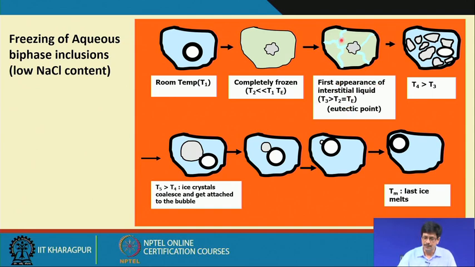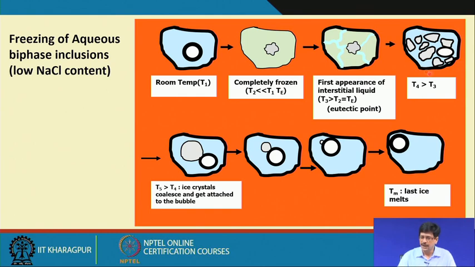So, optically, we have to get accustomed to seeing how the optical property of this frozen inclusion is changing, because here there will be a good refractive index contrast between the solids, which will be ice, and the liquid, which will be sodium chloride rich.